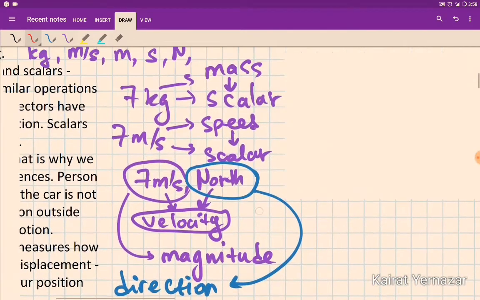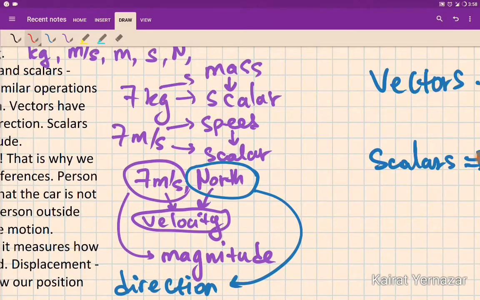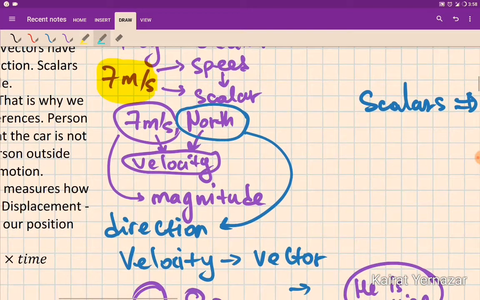Speed shows just the magnitude, 7 meters per second. But velocity shows us how much and in what direction. It shows both the magnitude and direction.